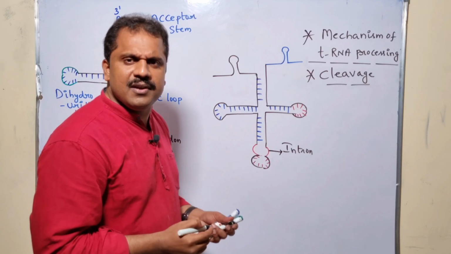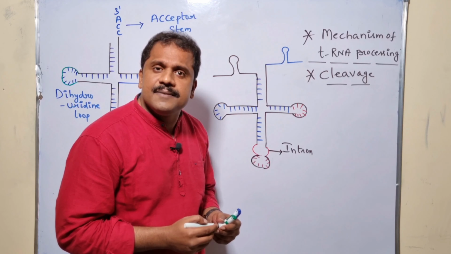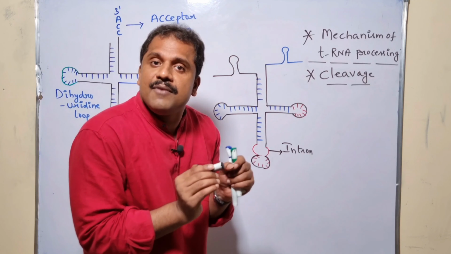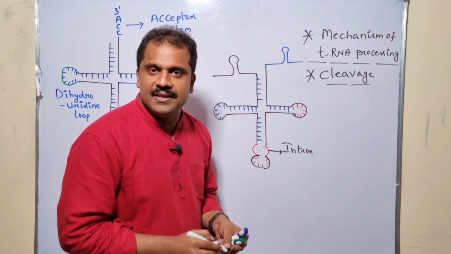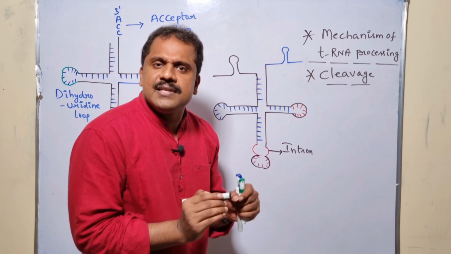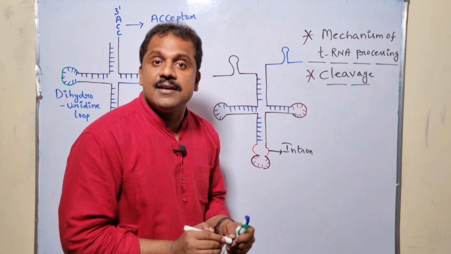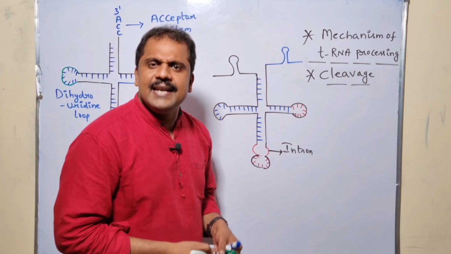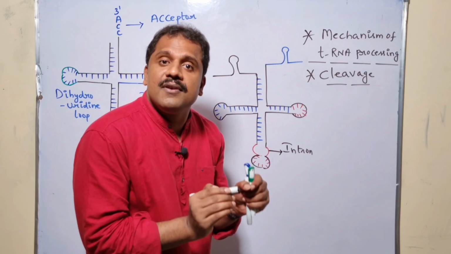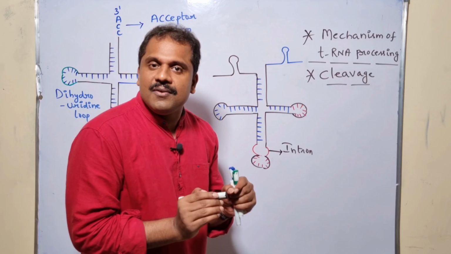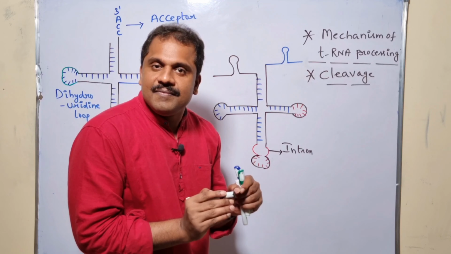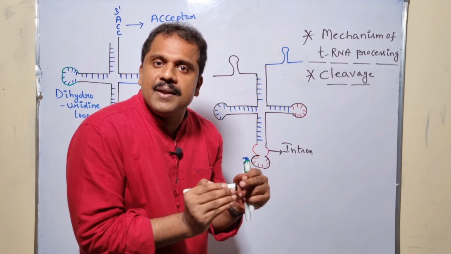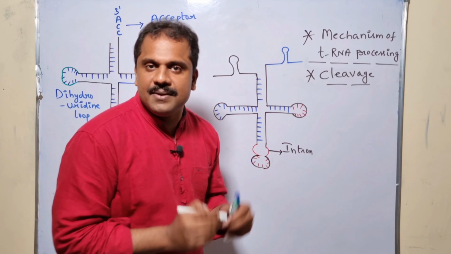In order to cleave these extra nucleotides, the tRNA processing mechanism takes the advantage of certain exonucleases as well as endonucleases, and these play a prominent role in cleaving the extra nucleotides synthesized at the extreme 5' end and the extreme 3' end.